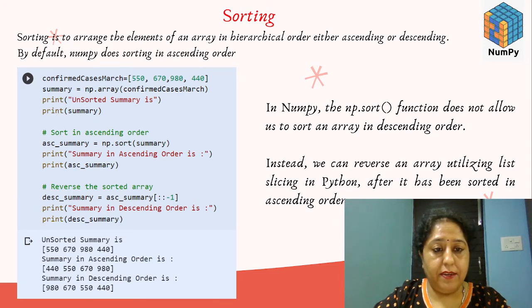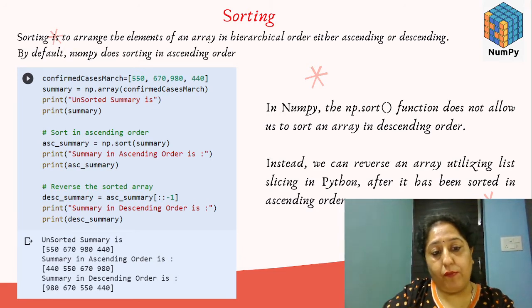You can see here in the code, you have an array summary. Now, in order to sort it, you write the function as np.sort and in brackets you give that array which needs to be sorted. So you write in brackets summary. The output will be your array in ascending order.